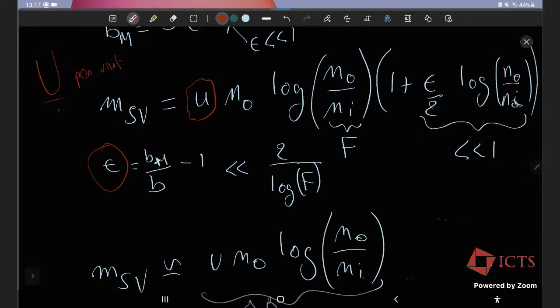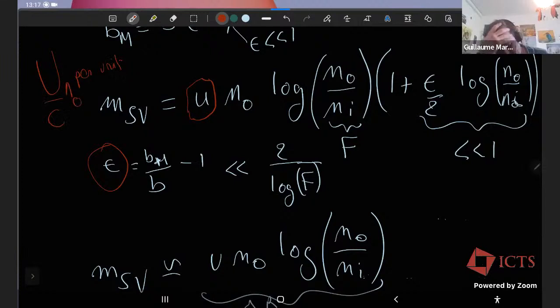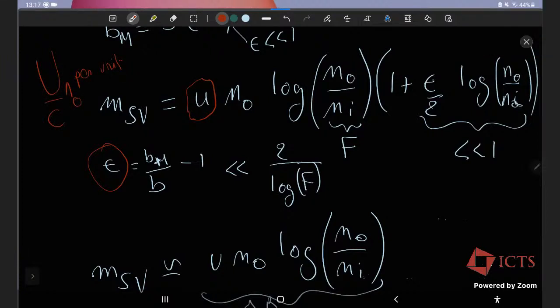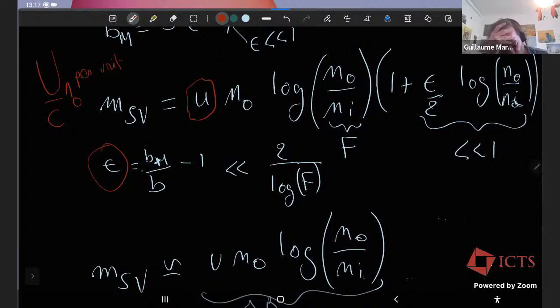Now, if you want to connect it to C, if you consider a pure birth process, C would be B minus B star, the wild type birth rate minus the mutant birth rate, that would be C. And here epsilon is C over B star. That's epsilon.